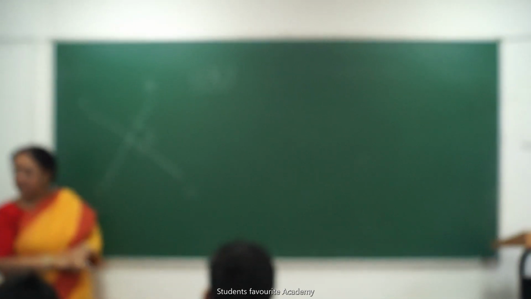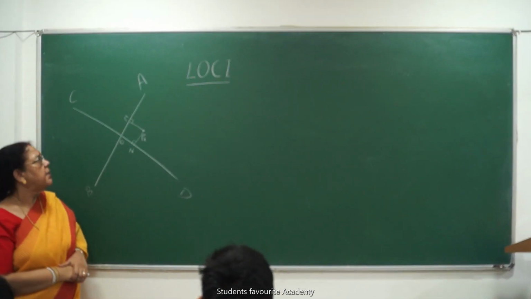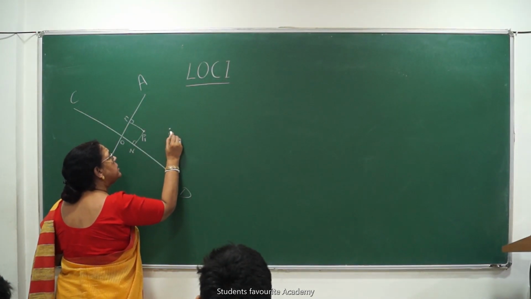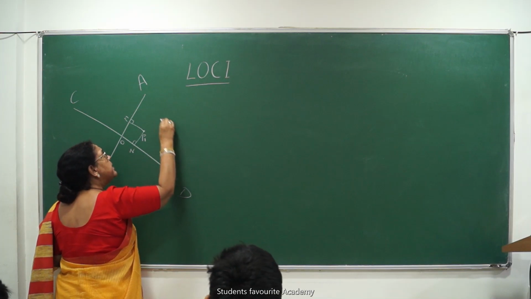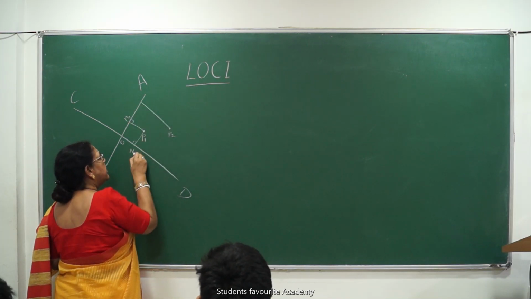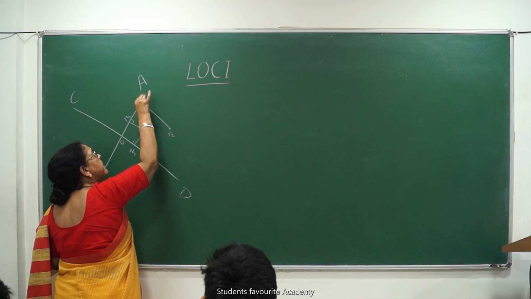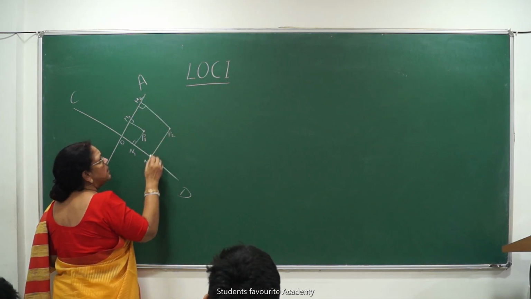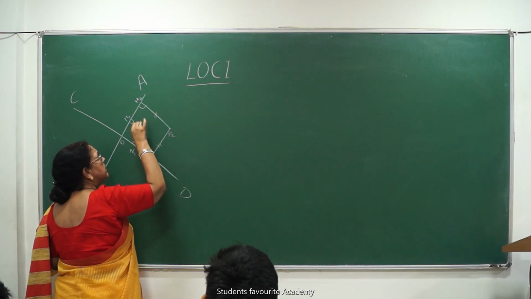Isn't it? Perpendicular distance is the same. Now suppose this point P1 moves to here. So how will it move? It will move so that, this is M1, N1, again if you draw perpendiculars on both the lines, they will be equal in length. Okay?